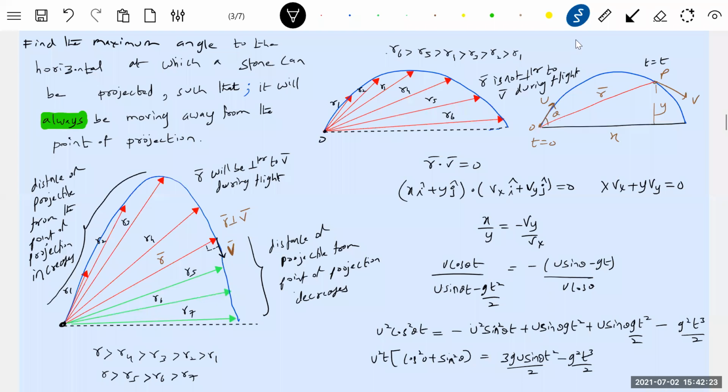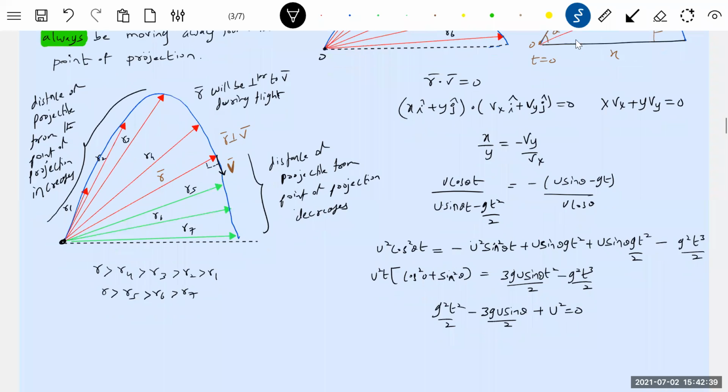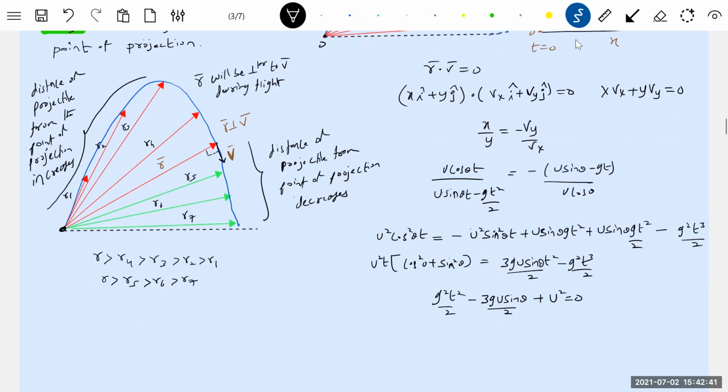One t gets eliminated, so we end up with a quadratic equation: g square t square by 2 minus 3gu sin theta t by 2 plus u square equal to 0.